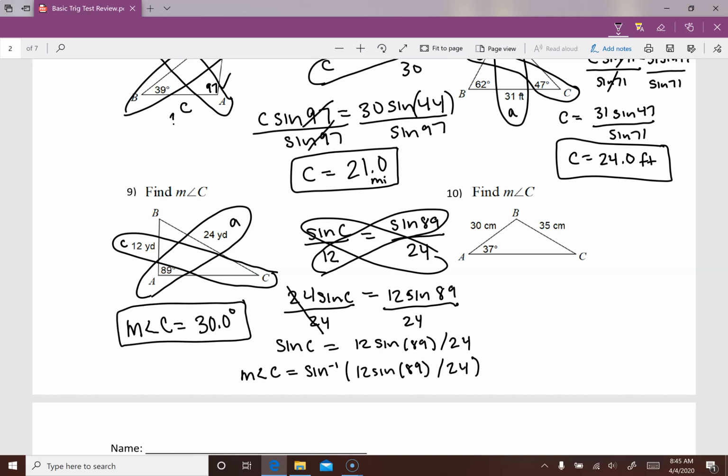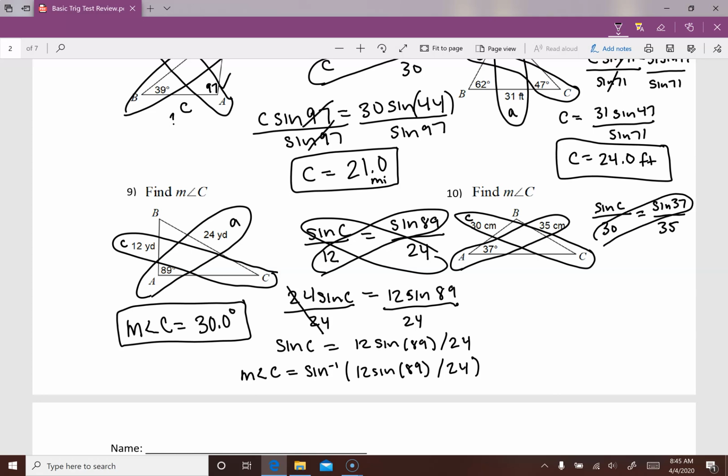All right, let's check out this next one here. So we're looking for angle C, so I'm going to circle C, right? That is my side C, and it looks like it's a perfect setup for A. So again, we're going to have sine C over C equals sine A over A. So that's going to give me sine C over my C, which is 30, is equal to sine A, which is sine 37, over 35.